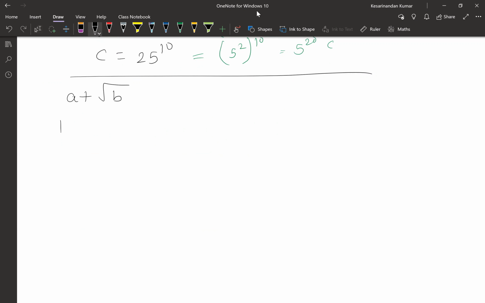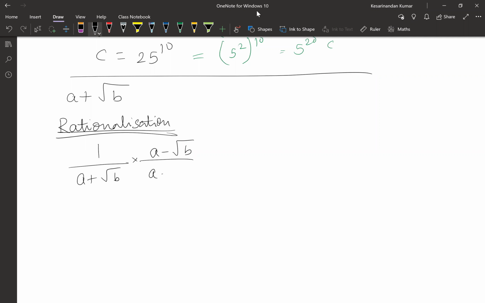So the important concept in Surds is rationalization. How do we rationalize any Surd? Let's say you have this. What you will do is multiply it with this, and you will get this one.